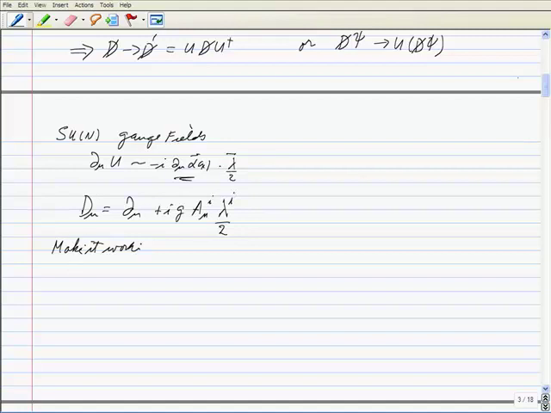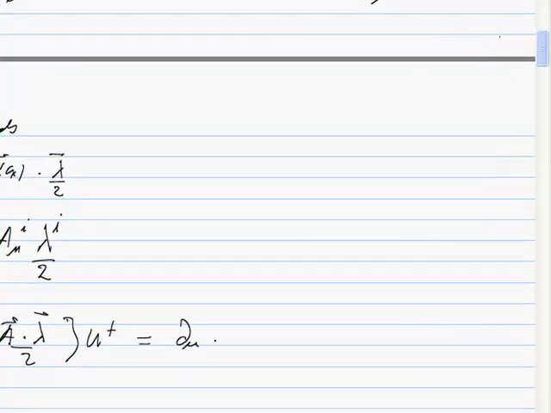So to make it work, we want D mu prime equals U times D mu plus i g A dot lambda over 2 times U dagger by our condition, but that's by definition d mu plus i g A prime dot lambda over 2.